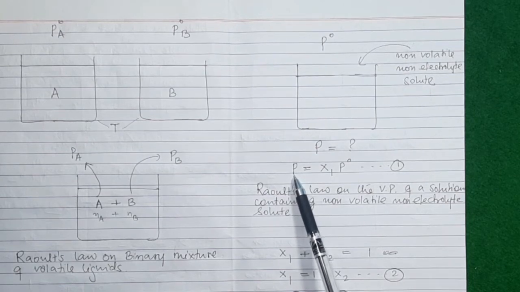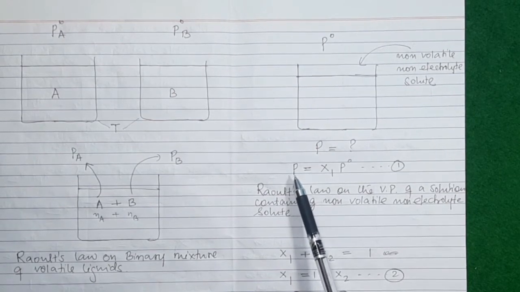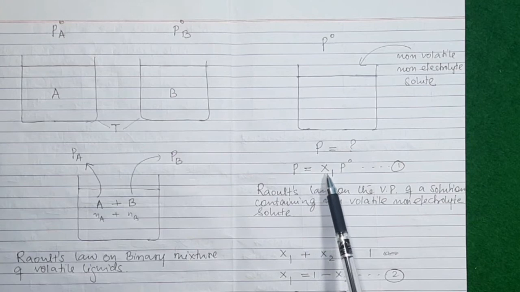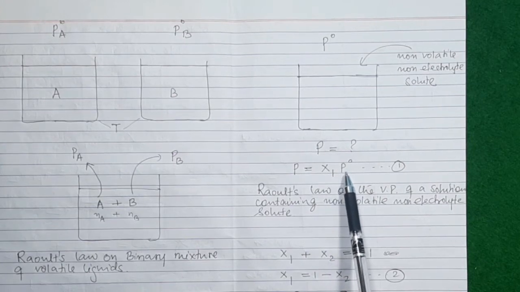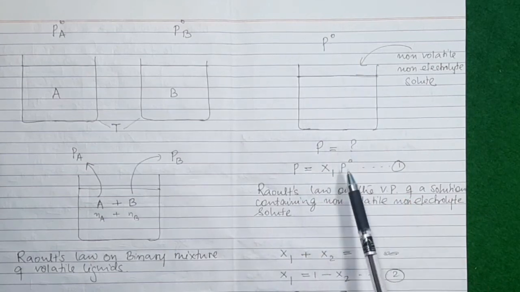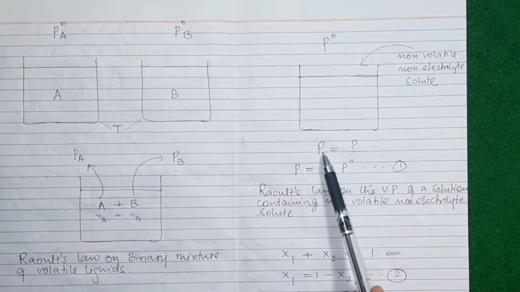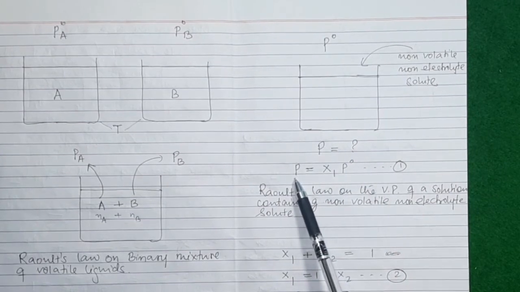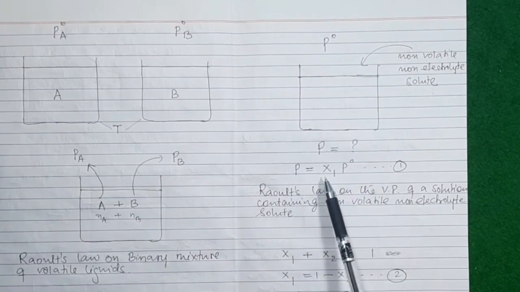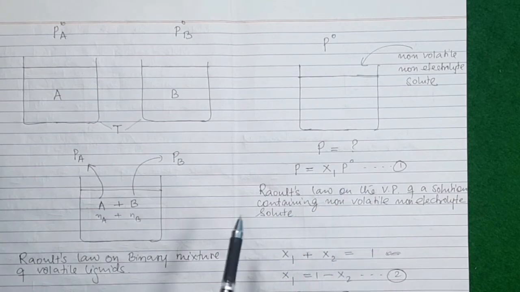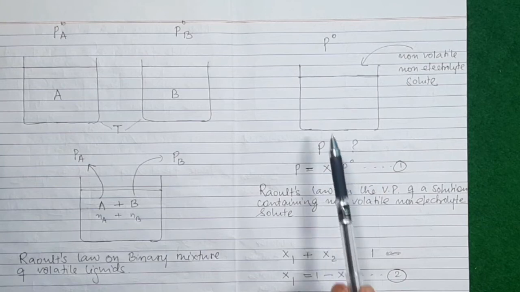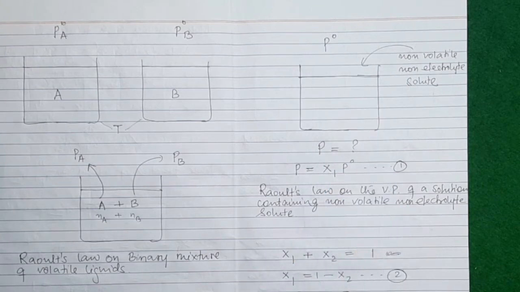So what will be the vapor pressure of the solvent? It will be given by the product of the mole fraction of the solvent and the vapor pressure of the pure solvent. When it was pure, its vapor pressure was P degree. Now it's in a solution state, so the vapor pressure has gone down. So the vapor pressure of the solvent in this solution will be given by the mole fraction of the solvent, that is x1, into the vapor pressure of the solvent when it was in the pure state at the same temperature.